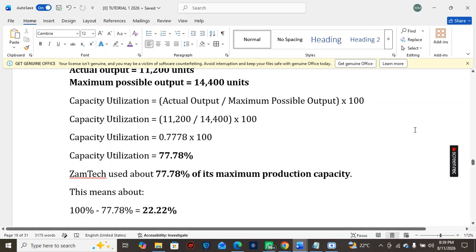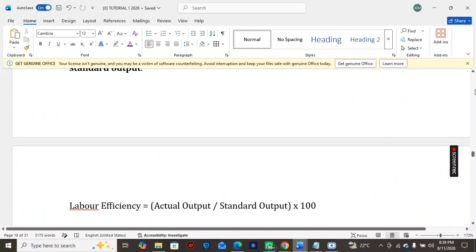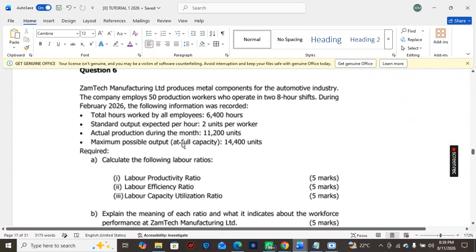Remember in the question, they told us that at full capacity, maximum possible output, we can produce 14,400 units. But we only produced 11,200 units, which tells us we never worked at full capacity.